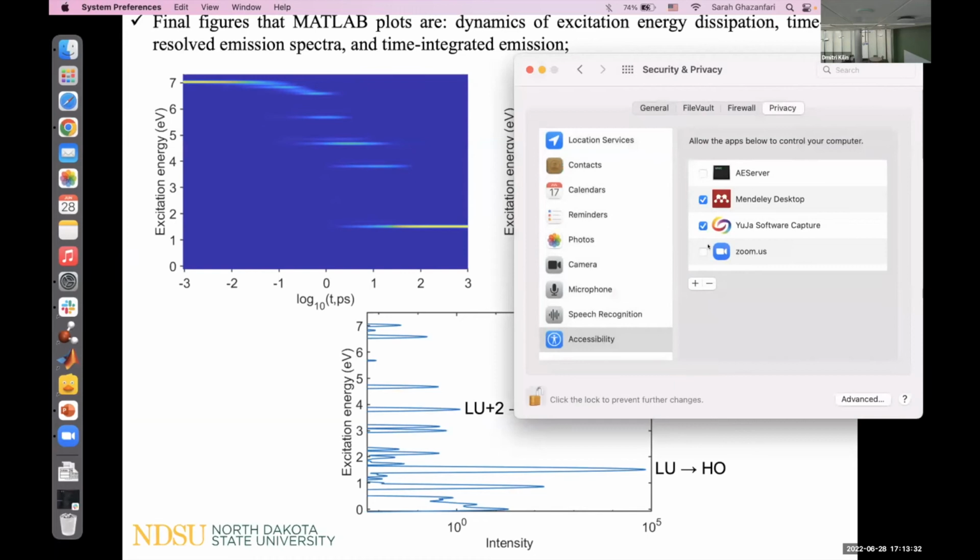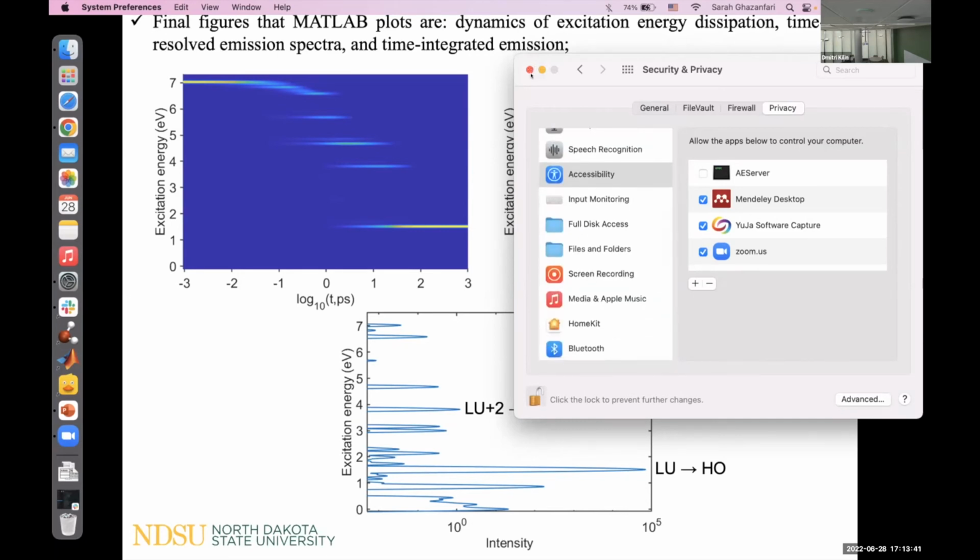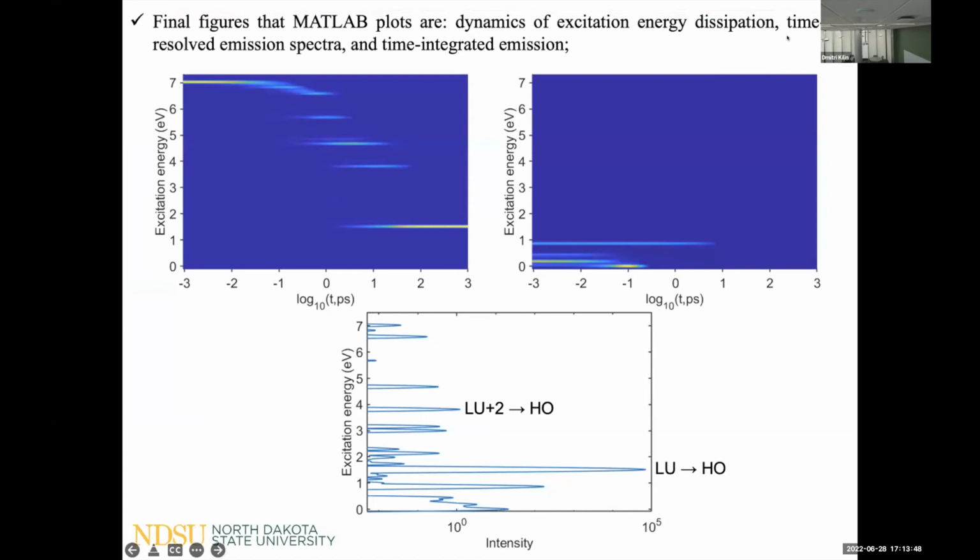Can I ask why we think the LUMO plus 2 to HOMO transition is so much more important than the others, when the one at about 0.8 eV has two orders of magnitude higher intensity? Okay, Sarah, please prepare to answer the question of David, and I will contribute a little bit to the question of Dinesh.